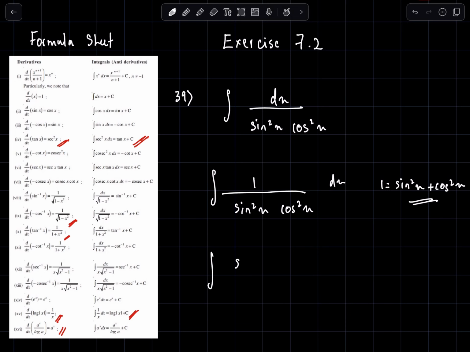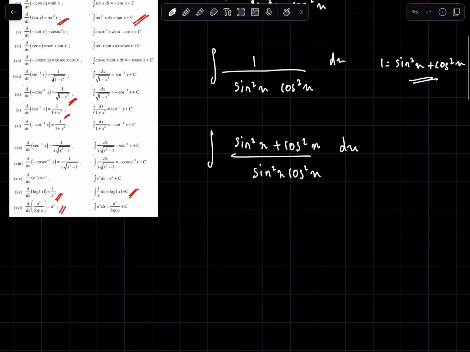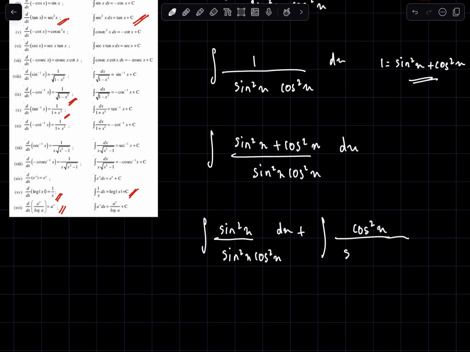So integral of sine square x plus cos square x divided by the product of sine square x cos square x. Okay, so how do you go from here? Separate them individually. So integral of sine square x divided by sine square x cos square x plus, by the way, this is dx, cos square x divided by sine square x cos square x dx. Now you can cancel.